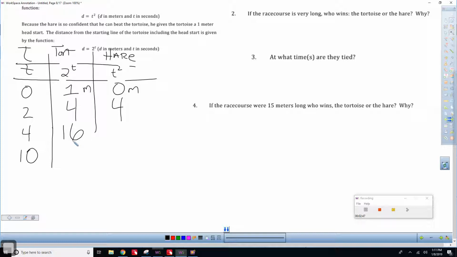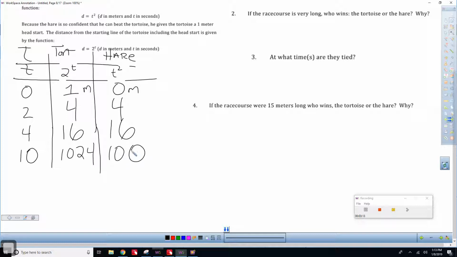Where 4 squared is also 16. Could that be right? 2, 4, 8, 16. 4 squared, yeah. 2 to the 10th. You need a calculator. 1024. 10 squared is just 100.